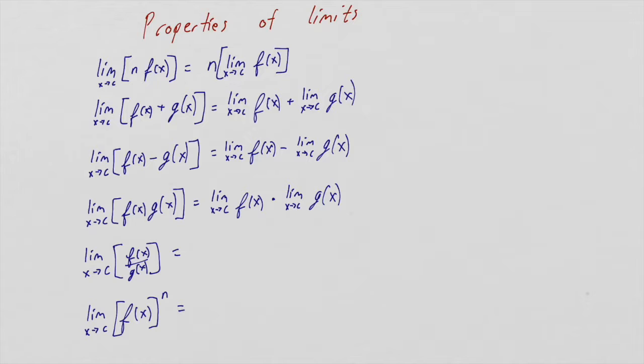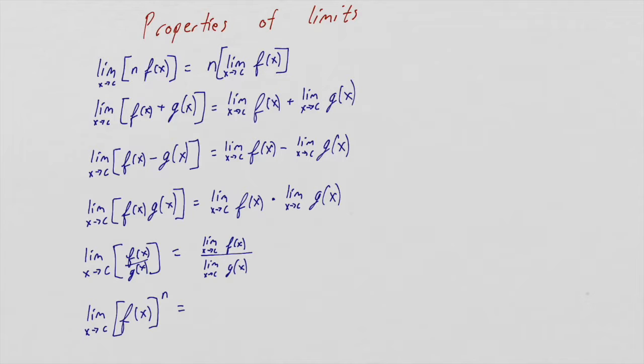And the same thing here with division. There's going to be one little thing we have to worry about: the limit as x approaches c of f of x over the limit as x approaches c of g of x. And something to mention here, this only works if the bottom function isn't equal to 0. You can't have a 0 in the denominator there, so the limit can't be 0 either.